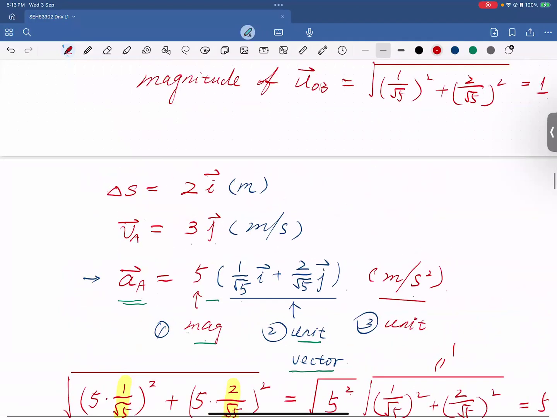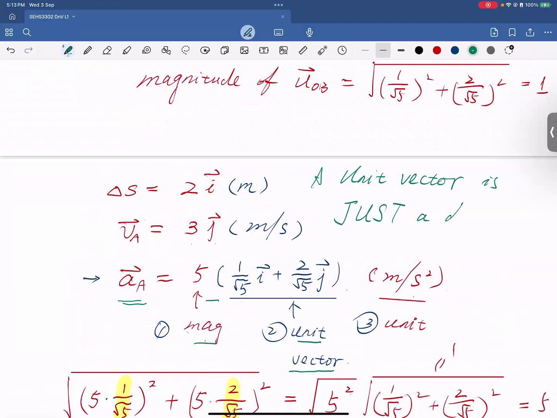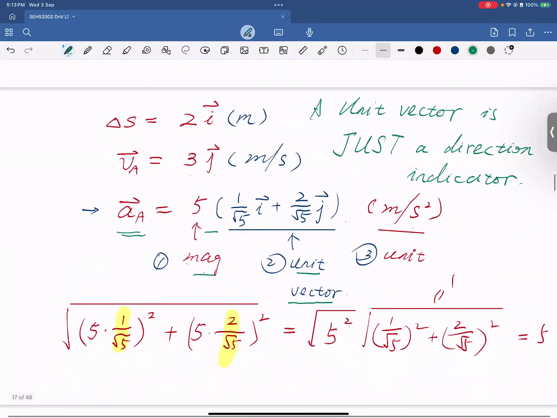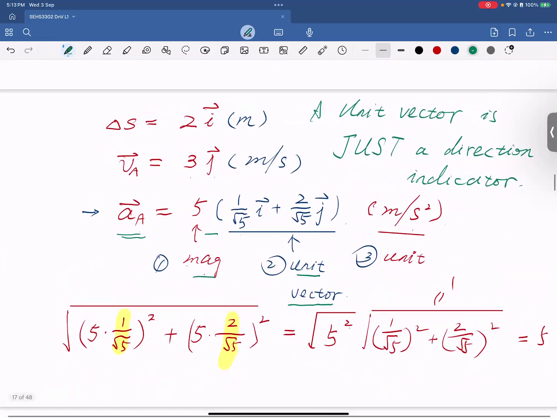Okay, so just remember, a unit vector is just a direction indicator. It has nothing to do with the magnitude.